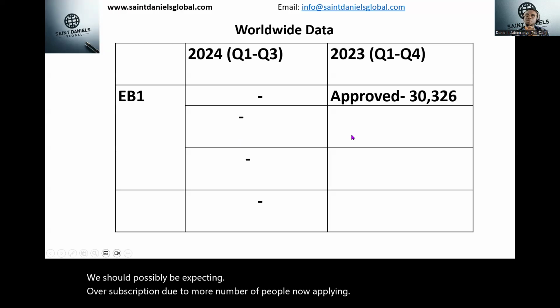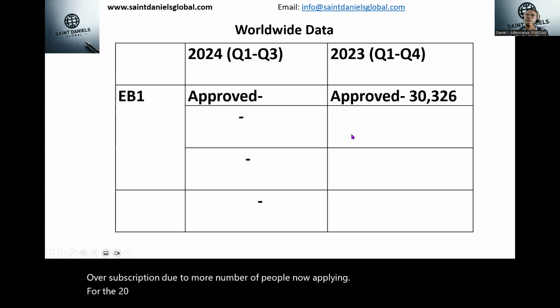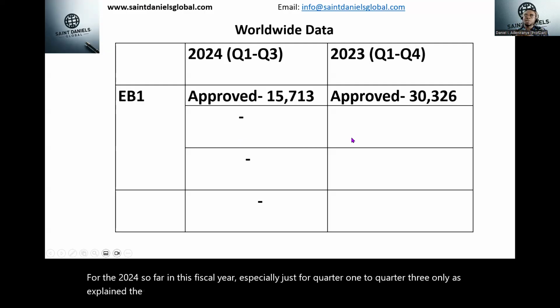For 2024, so far in this fiscal year, especially just for Q1 to Q3 only, as explained, the number of approved cases is 15,713.